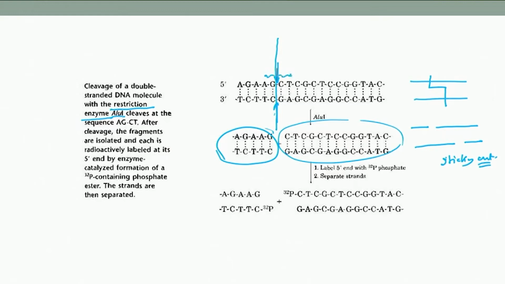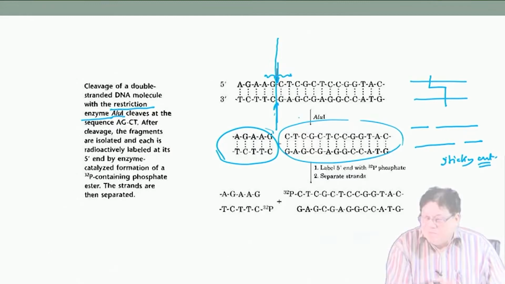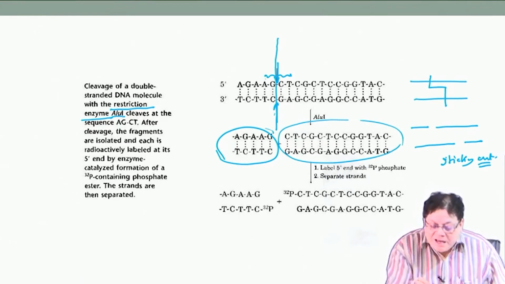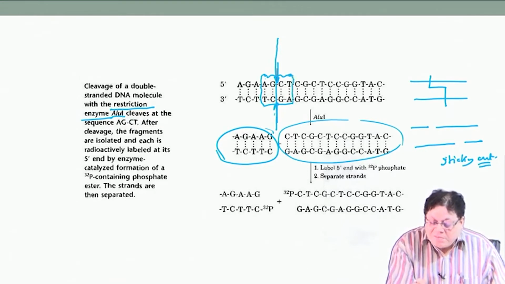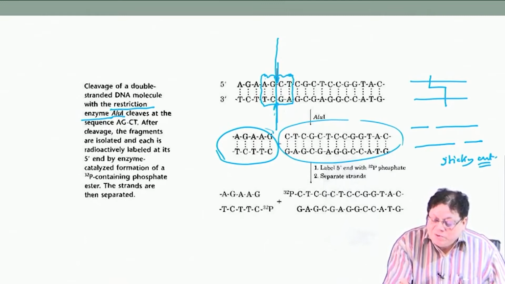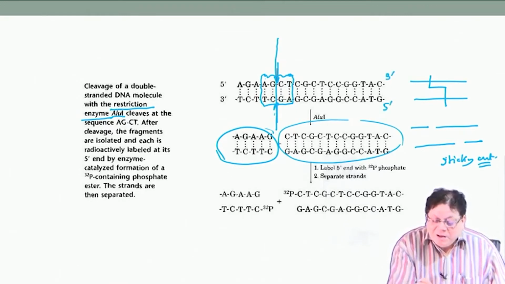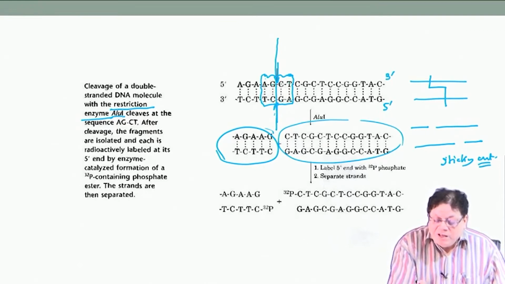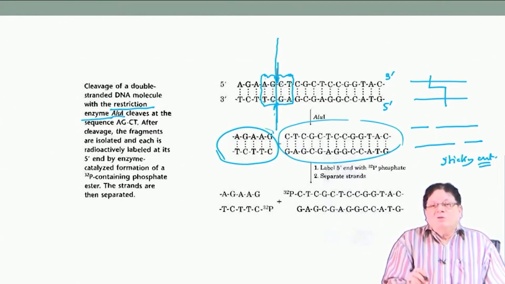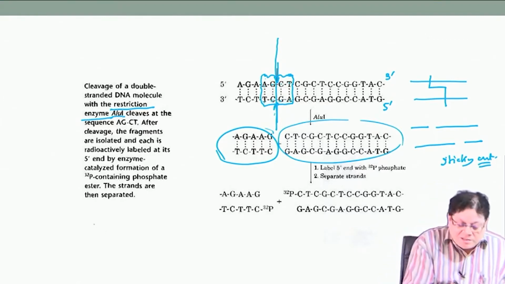Wherever there is an AGCT sequence, it recognizes that and does a blunt cut between G and C. Now, interestingly, this AGCT, if you look at the complementary strand, it is the same AGCT, because you have to read from the 5 prime end. This is the 5 prime end now, and this is the 3 prime end. So, you are reading from here AGCT, you are reading from there AGCT. This is what is called a palindromic sequence.